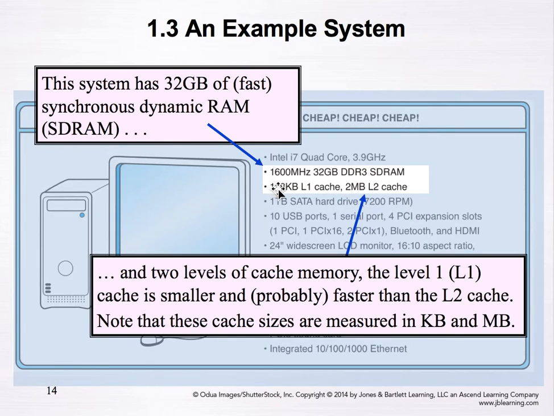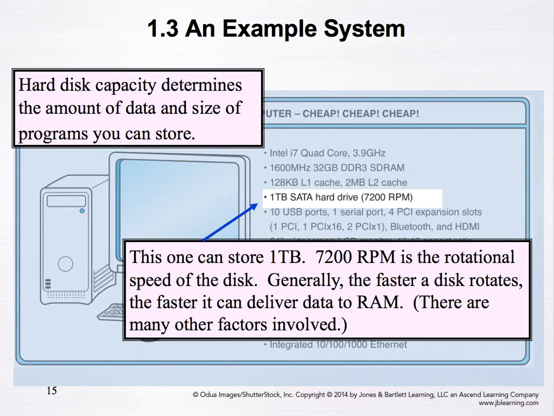We should notice that the capacity of the cache memories is much smaller compared with the main memory and also with the hard disk drive capacity.